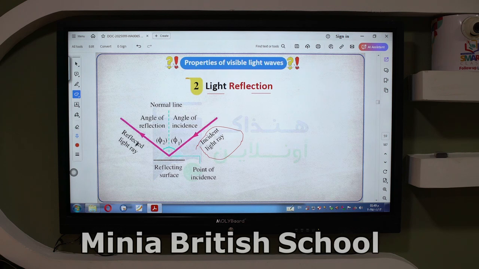Between these two light rays, we find two angles which are equal to each other: the angle of incidence and the angle of reflection. The symbol for the angle of incidence is phi 1, and for the angle of reflection, phi 2.